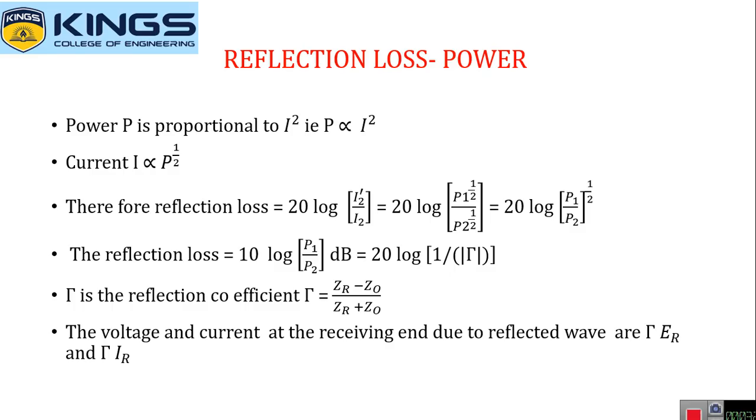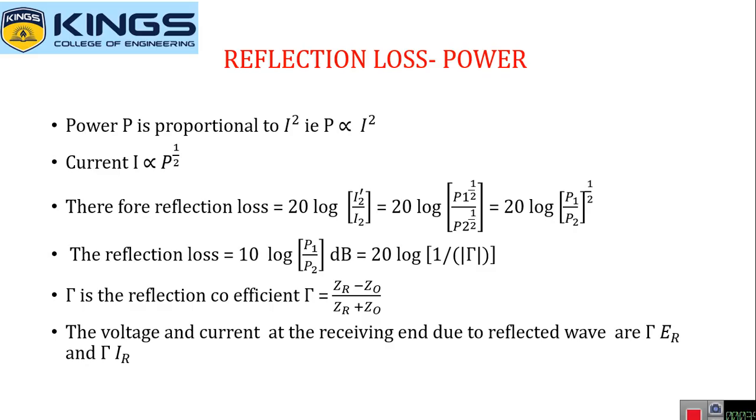Now the reflection loss in terms of power. Power P equals I squared, so current I equals square root of P. Then if you substitute the values in I2 dash by I2, I2 dash is square root of P1 and I2 is square root of P2. Why? Because P1 is the incident power due to the source at the load.